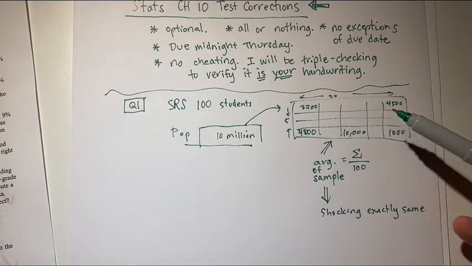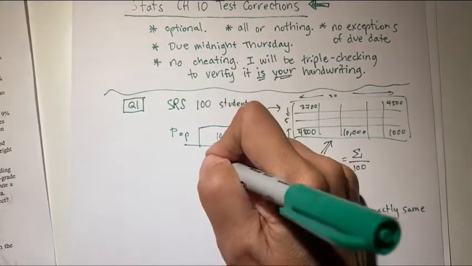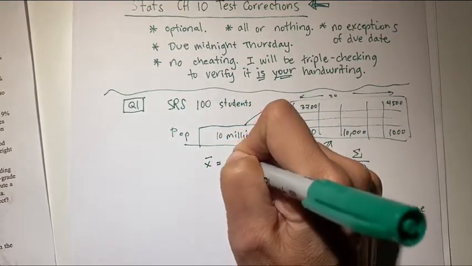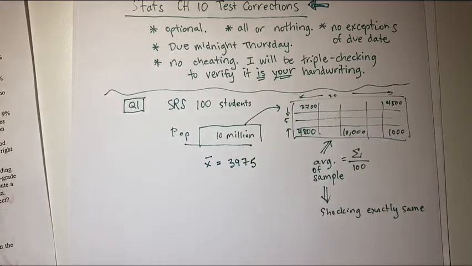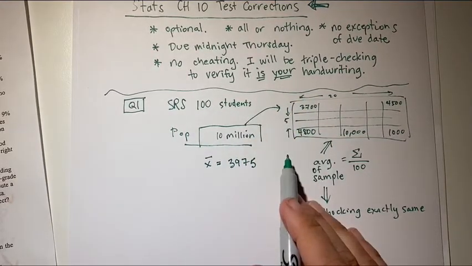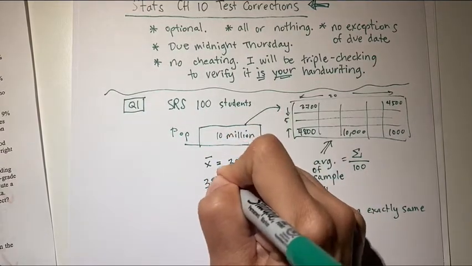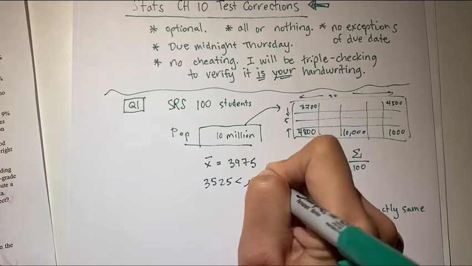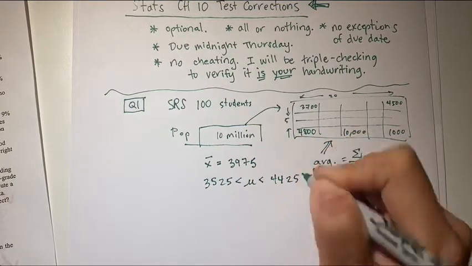they're saying they did one sample and they got the average of their sample to be 3,975. And then they actually did a confidence interval, which gave them the variation of between these numbers. Now, what does that mean?